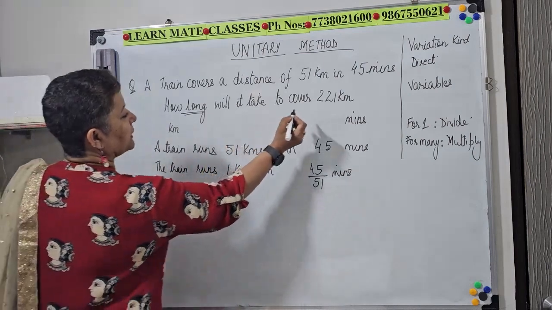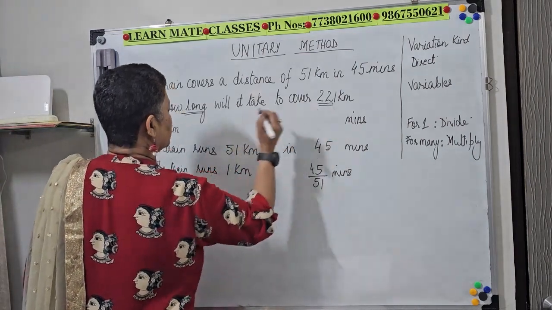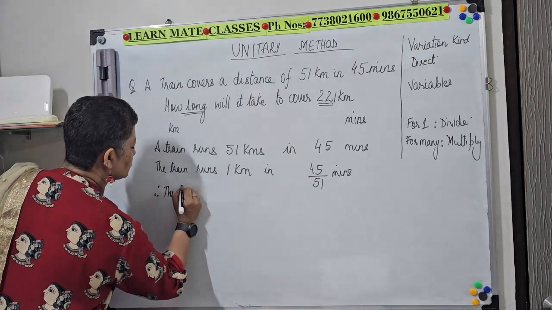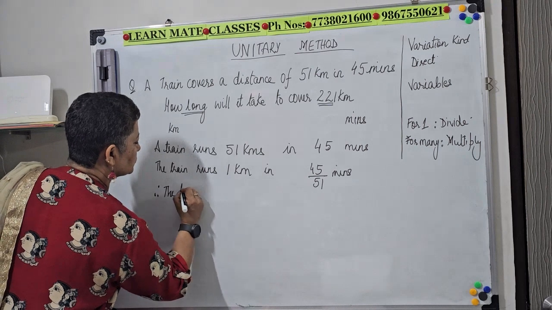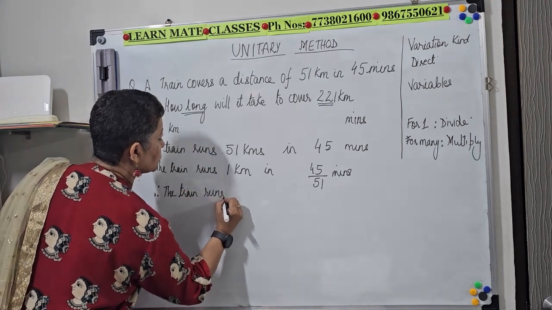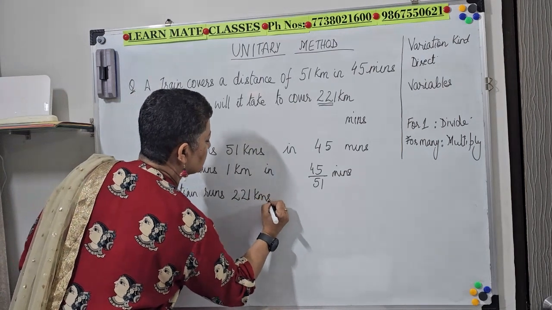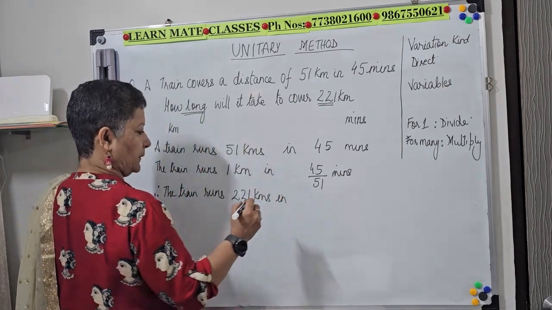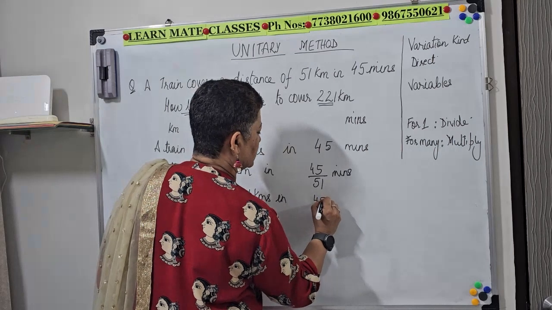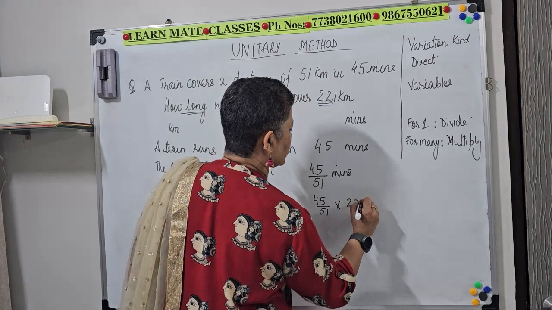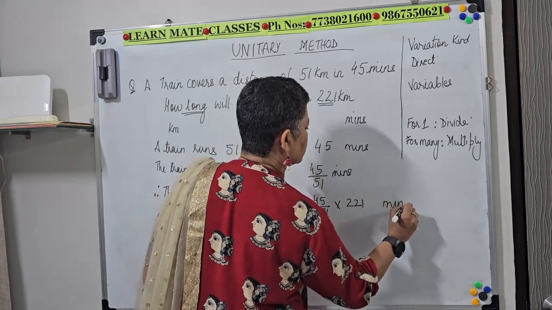Now I need to find out for 221 kilometers. Therefore, the train runs 221 kilometers in 45 upon 51 into 221 minutes.